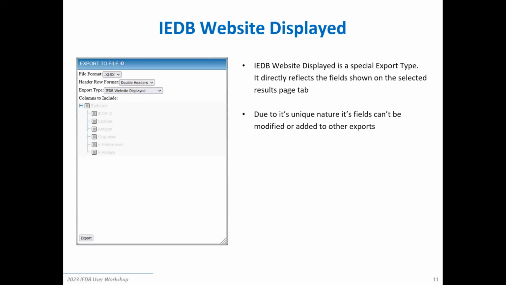It is, again, directly what you see on the website, and it unfortunately cannot be modified just because of the fact that it's got some specialized fields that are not really shown in that format anywhere else. In particular, these counts fields are quite intensive if we try to link them with other things. So it is not able to be modified, which is signified by this grayed out here, but it'll still export.